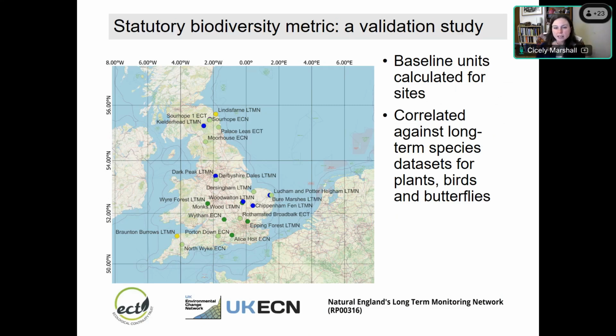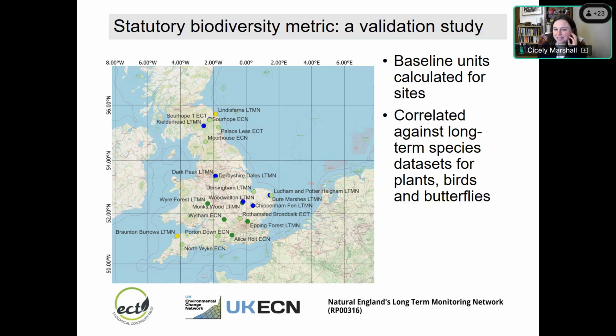The sites we worked at included all the terrestrial broad habitat types except for urban, and covered the full range of possible metric values.